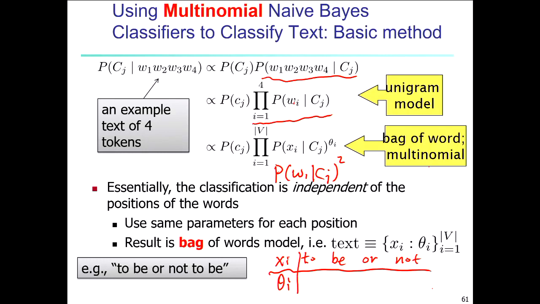So the corresponding theta i is the number of times that this token or this word appears in the text, which for to would be 2. Be is 2, and 1 for or and 1 for not. So you've got xi and theta i. Then you can compute this one. And for the probability of xi given Cj, you simply do the counting, just like what we did before.